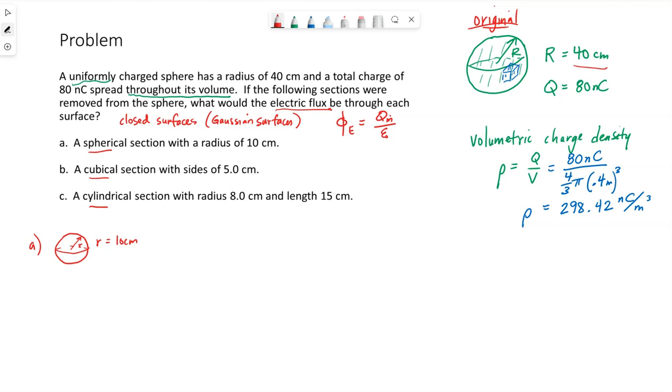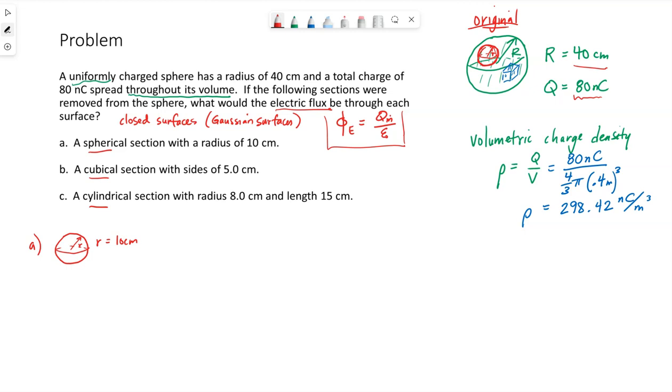Well, this section we're talking about is smaller. It only has a radius of 10 centimeters. So this smaller sphere is going to have some of the 80 nanocoulombs of charge within it, but not all of it. And we're trying to find the flux through this smaller sphere. That flux will depend on and be determined by how much charge is physically located within it.